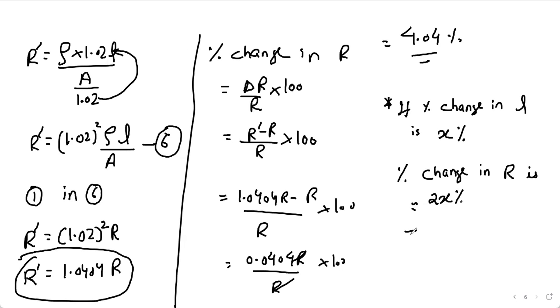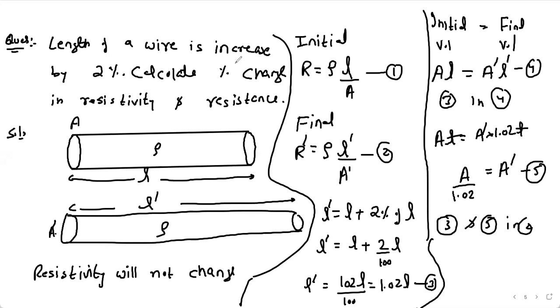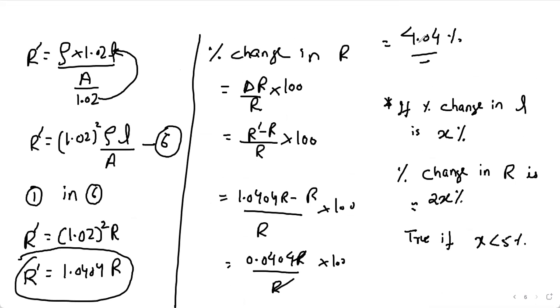This is true if X is less than 5%. Means until the percentage change in length is less than 5%, this relation holds true. Like in this particular case, percentage change in length is 2%, and percentage change in resistance is around 4%.